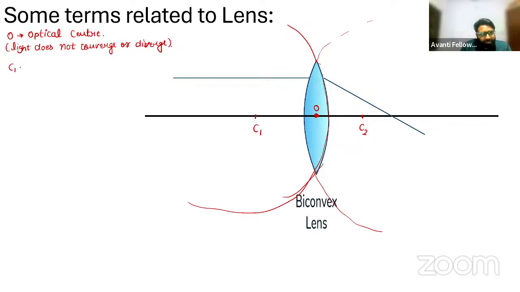So C1 and C2 are the centers of curvature. Now, this is the parallel beam of light and this is the principal axis, which we have told you about in the mirror.